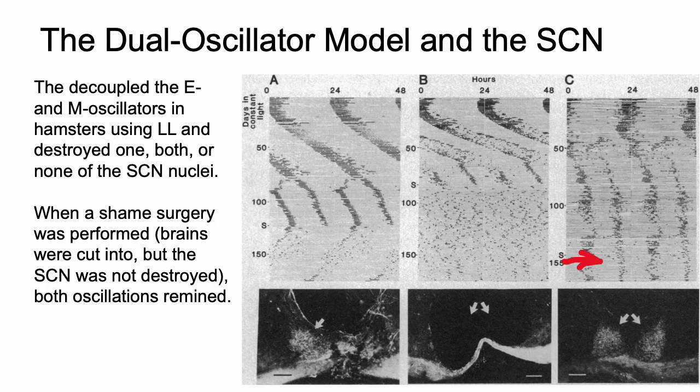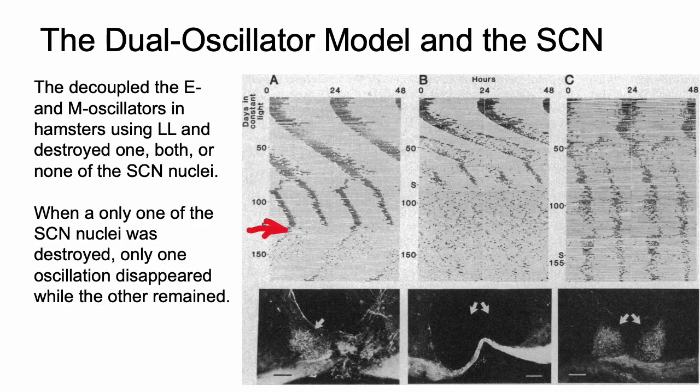Alternatively, when they went through the sham ablation, they didn't actually destroy the SCN, and we see that the oscillations persist. So controlling for those other factors, it does seem that it's the SCN itself that is responsible for the circadian activity.